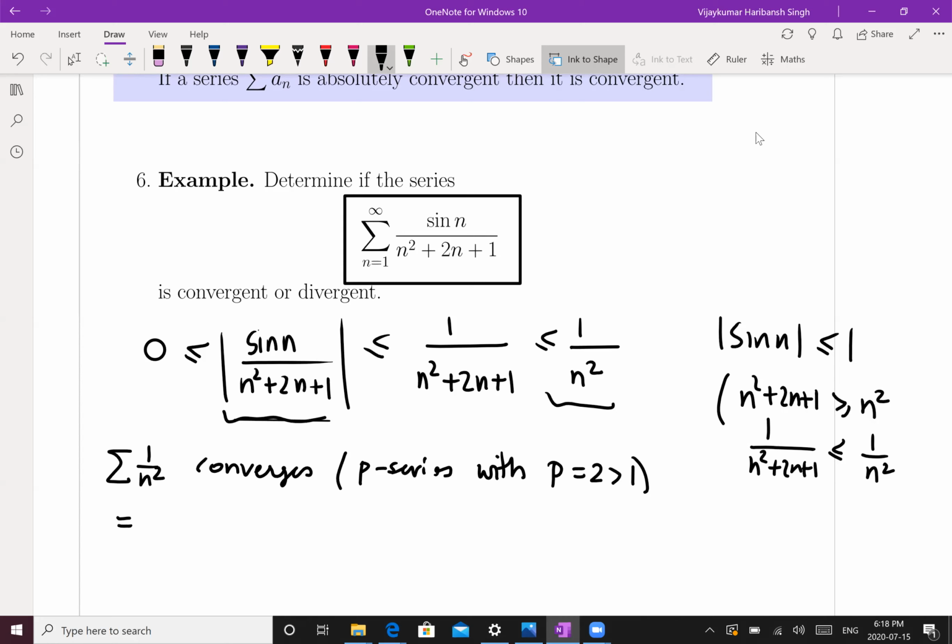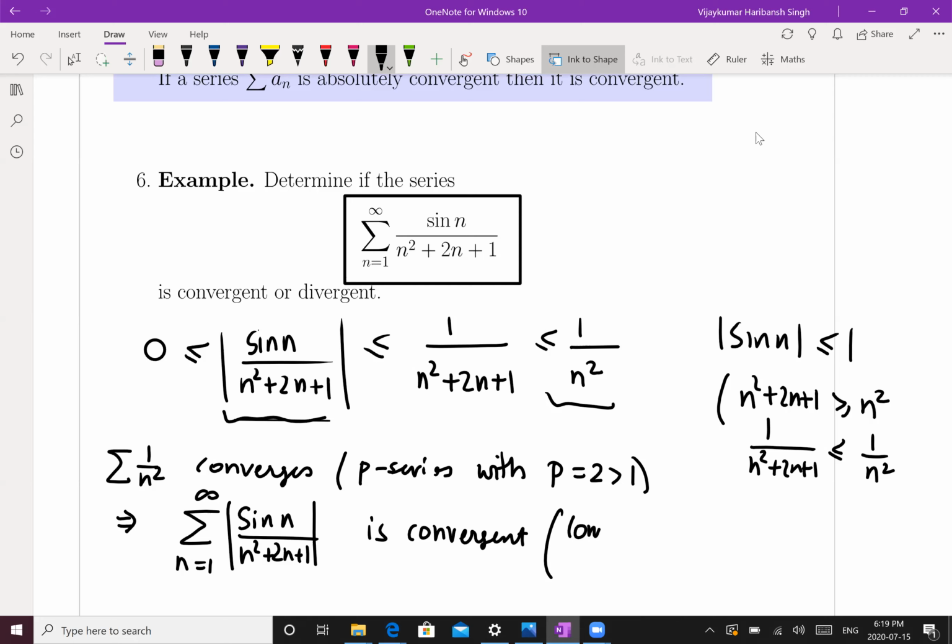So this will imply that the summation n equals 1 to infinity of the absolute value of sine n upon n square plus 2n plus 1 is convergent. Why is that? Because of the comparison test, right? It's the comparison test.